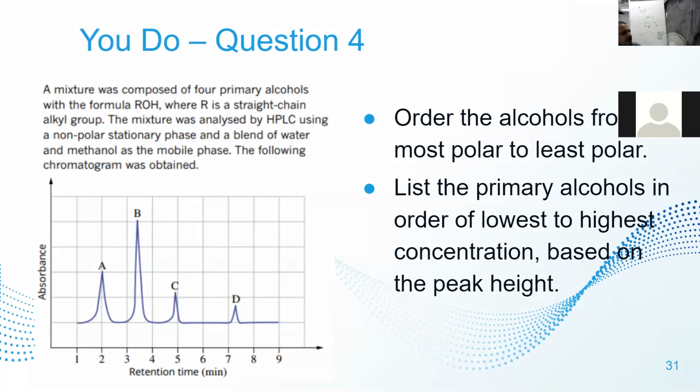So we've added some difficulty here. We have our 4 primary alcohols, A, B, C, and D. We have a non-polar stationary phase and water and methanol as the mobile phase. What order would you put the alcohols in from most polar to least polar?